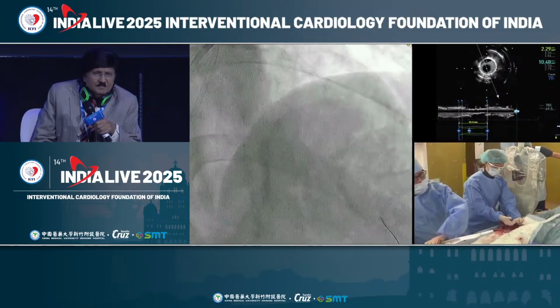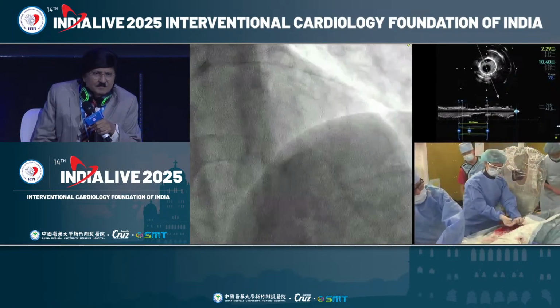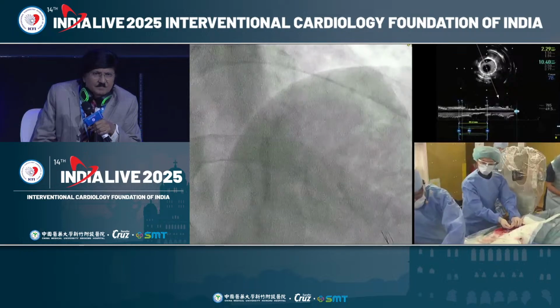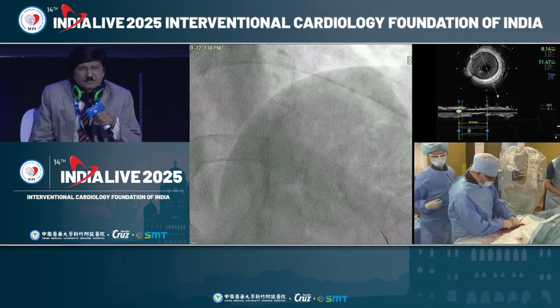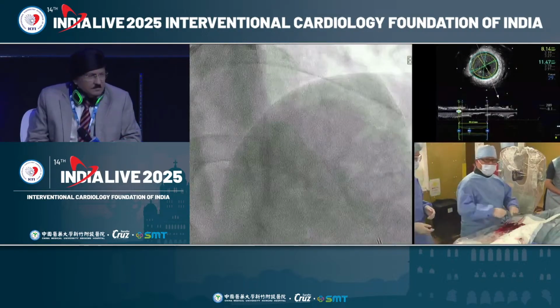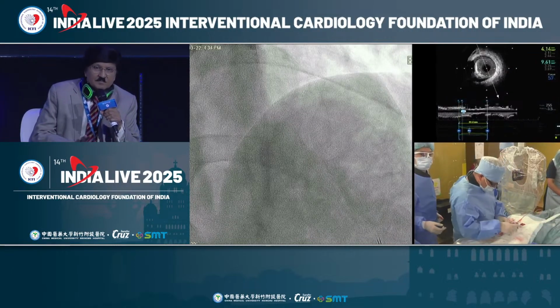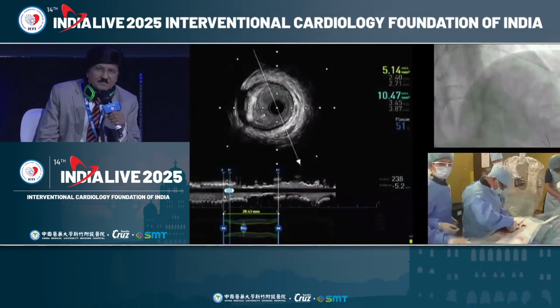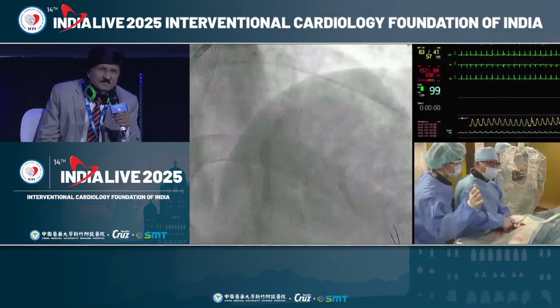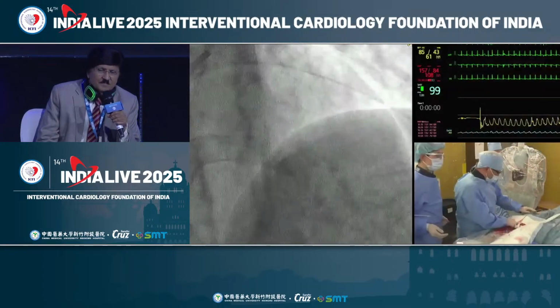These are tips and tricks for rotablation. In our country, we use this, and the ST elevation has already improved. Of course not completely, but by the end of the procedure, the ST elevation recovered.